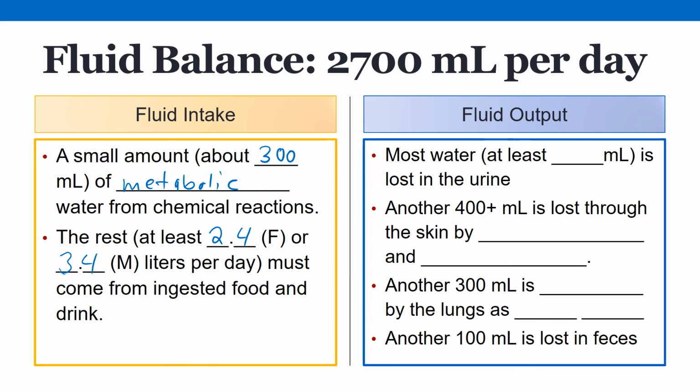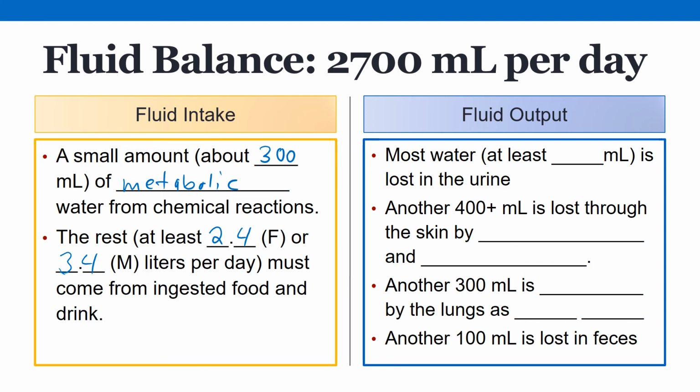Almost a liter of that can come from your ingested food, possibly more if you eat a lot. But still, that leaves the average female needing about 1.5 liters of water to drink every day, and the average male needing about 2.5 liters per day.